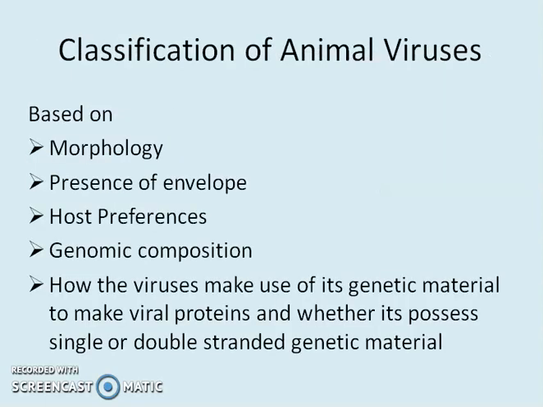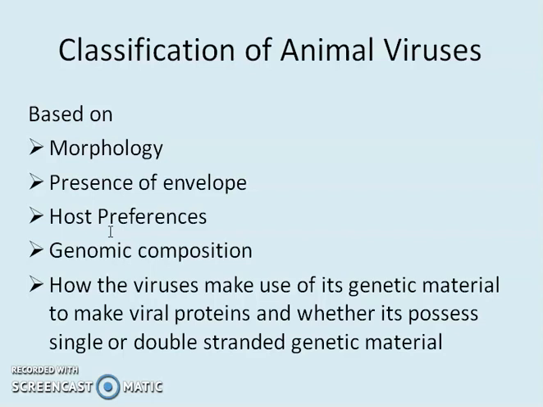And animal viruses are classified based upon various criteria. These criteria include: one is based on the morphology. Based on the morphology or structure of the virus, we can classify viruses into different types. And based on the presence or absence of an envelope, we can classify viruses. And based on their host preference, in which host cell they cause infection or attack, we can classify viruses into different types.